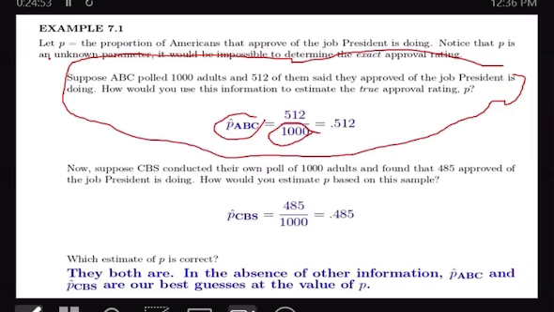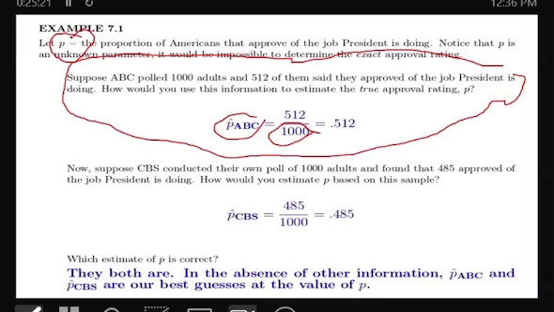P without a cap is the population parameter, the population proportion, the true value. But what ABC is giving us now is an intelligent guess about the proportion of Americans who approve the job the president is doing.